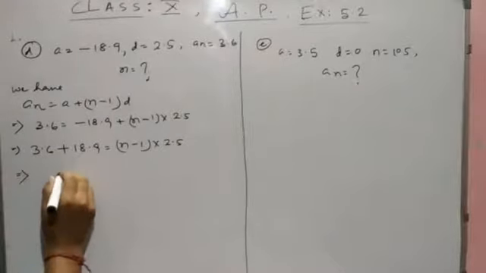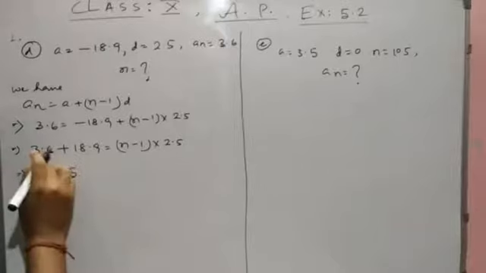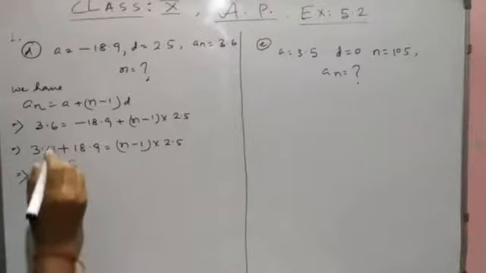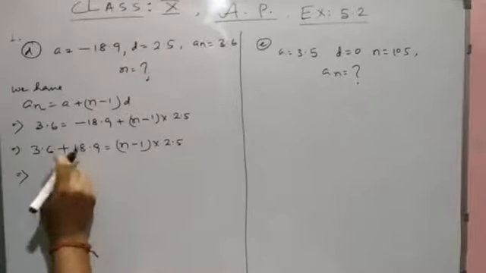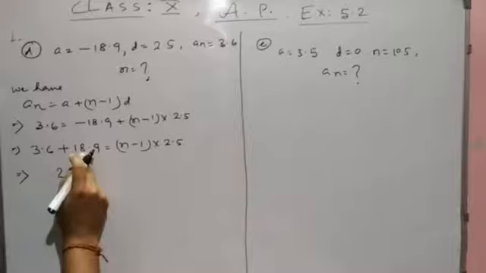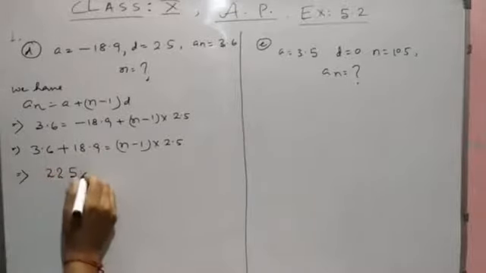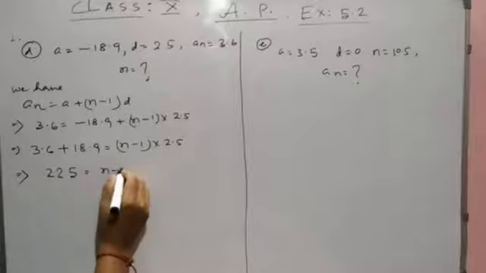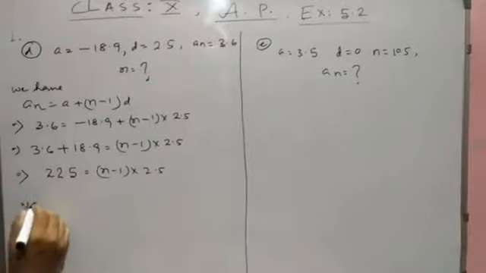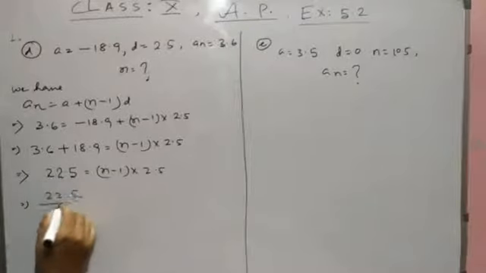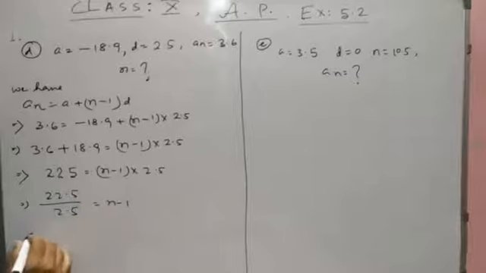So on addition we get 22.5. It will be (N minus 1) into 2.5. Now transfer this to this side. It will be 22.5 by 2.5 equal to N minus 1.